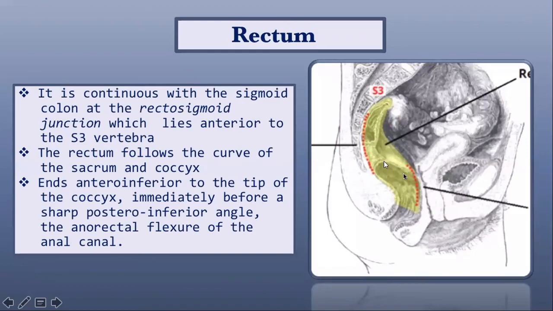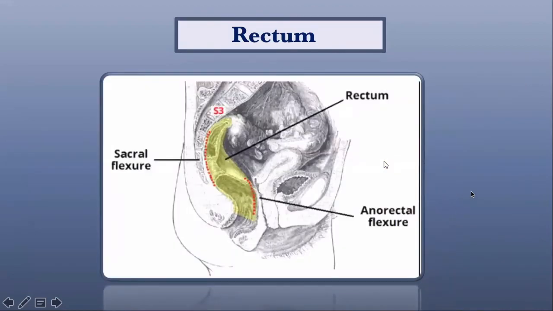It ends anteroinferiorly at the tip of your coccyx, where it becomes continuous with your anal canal already. Because of the sacral flexure and your anorectal flexure, it forms an S shape. On lateral view, you can see this S shape.